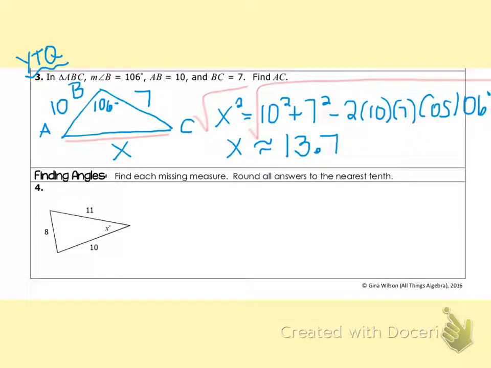Okay, so what happens if we want to use the law of cosines to find an angle? Well, you know, the law of cosines looks like this.